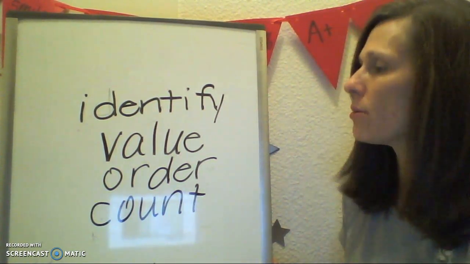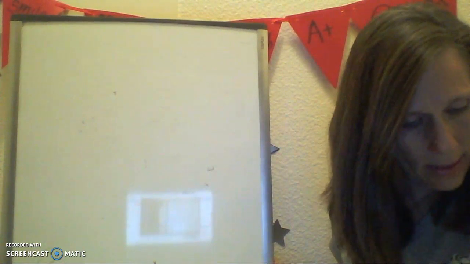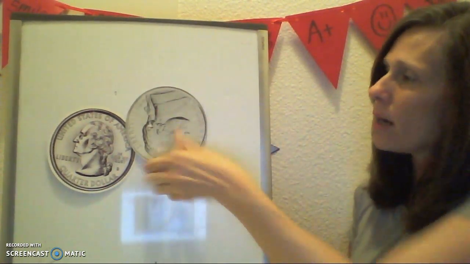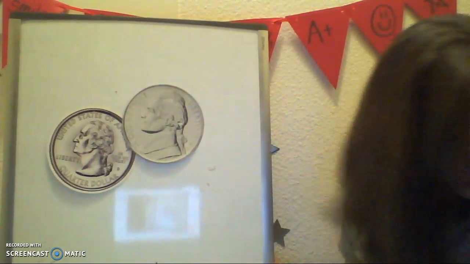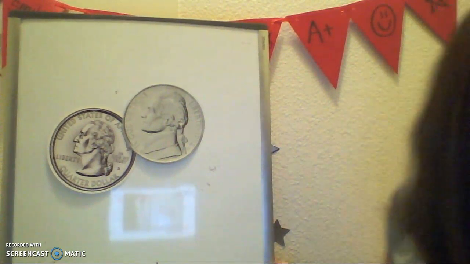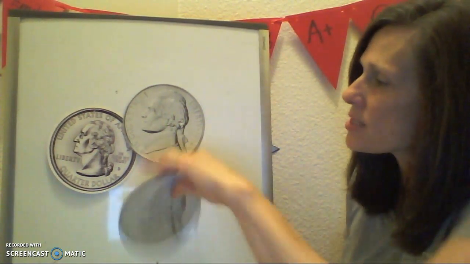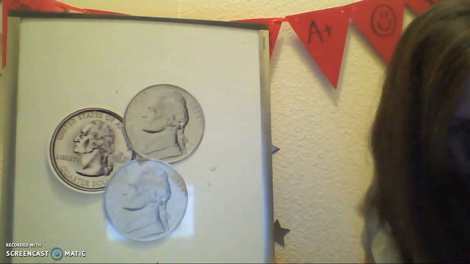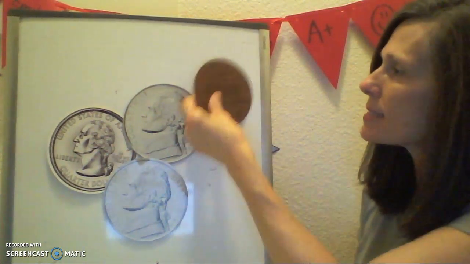Okay, so let's go ahead and do some practicing right now so we can use these steps. I'm just going to put some coins up here on my board for us to practice with, just like if you were to see it in a book or maybe on IXL.